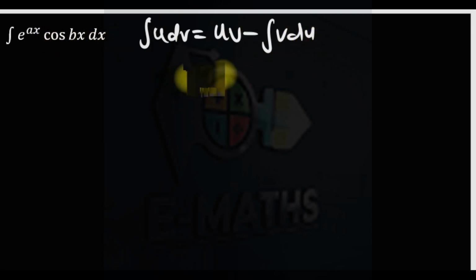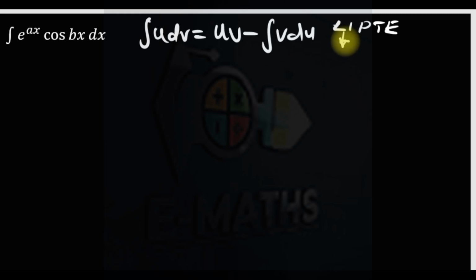If you assign the wrong function as u, you might keep on integrating forever. From experiments, they have noticed that the order LIATE is the key.